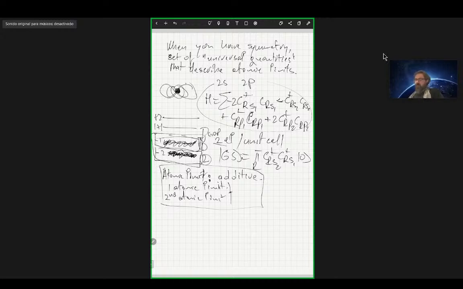And now what I want to argue is that in momentum space, one can universally characterize all the atomic limits of a lattice system.